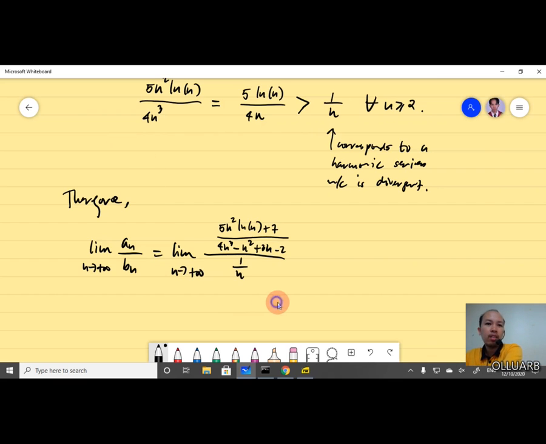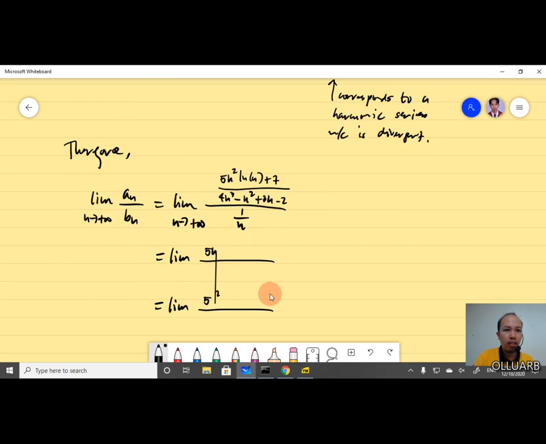Okay, and then simplify. You can take the reciprocal and then move to multiplication. Yeah, limit of 5n squared. I'm sorry, what happened?